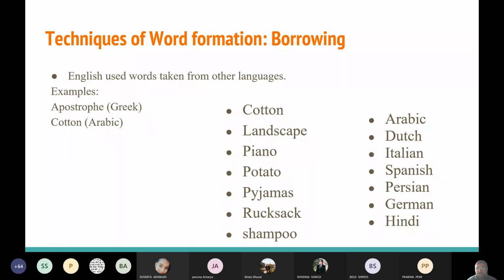Likewise, we have landscape, Dutch; piano, Italian; potato, Spanish; pyjamas, Persian; rucksack, German; shampoo, Hindi.